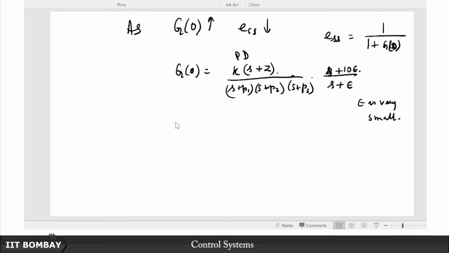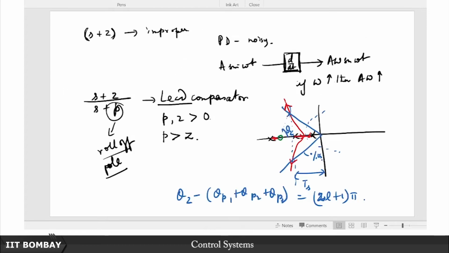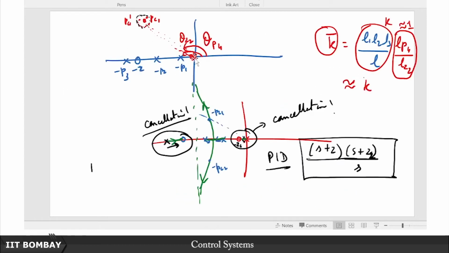The only thing that changes is that when you let S tend to 0, essentially you are viewing this from the origin. That is why I was trying to focus your attention on viewing from the closed loop pole versus viewing from the origin. When you are saying it's G0, you are basically looking at all these phasors joining these poles and zeros to the origin.